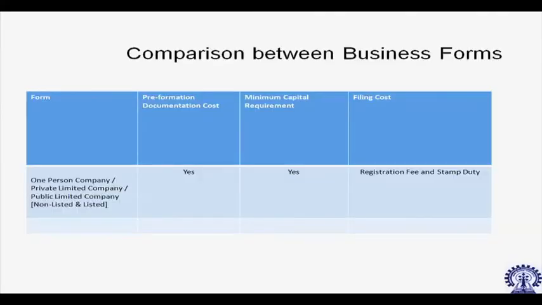Now, regarding the minimum capital, you need to mention in case of the company how many people are subscribing, and how many shares are being subscribed while the company is registering with the registrar of the company. So, the subscription needs to be mentioned in the MOA of the company, and who are the people subscribing the shares of this particular company also needs to be mentioned.